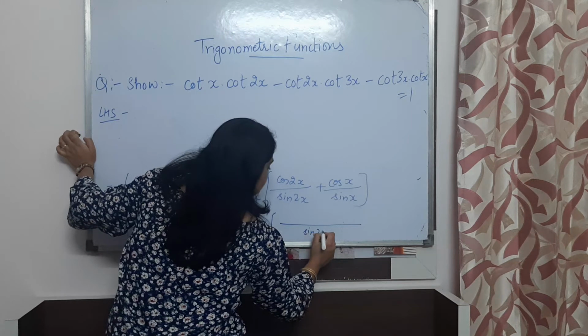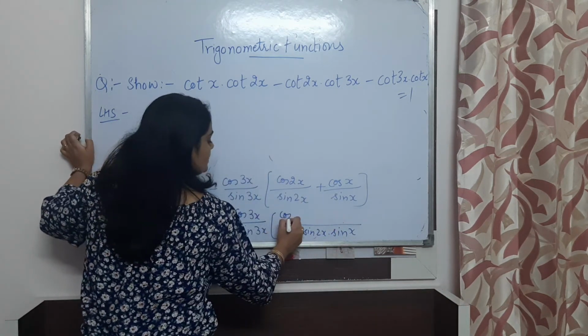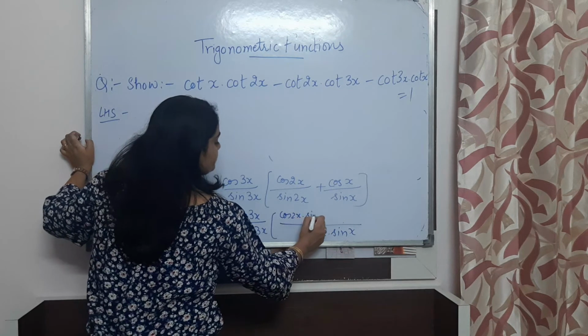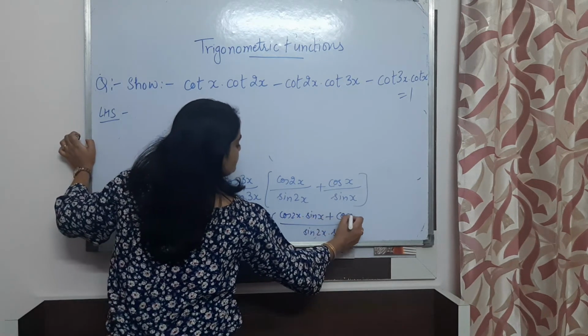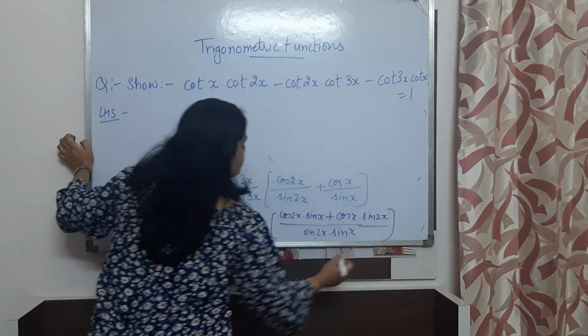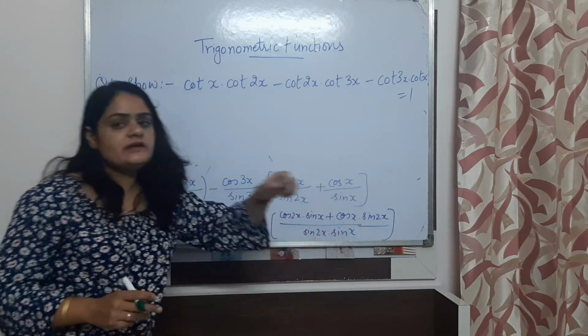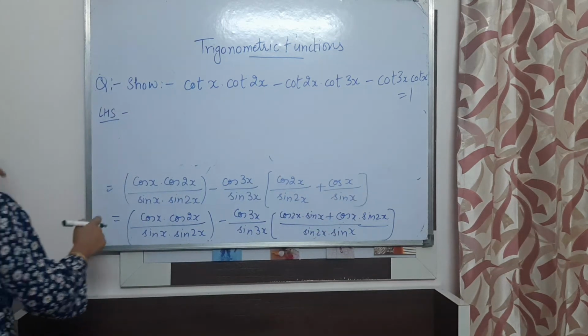In the denominator we'll have sin 2x into sin x. Now cos 2x will multiply with sin x and cos x will multiply with sin 2x. Now here what you are watching, sin a cos b plus cos a sin b. Sin a plus b's formula is applicable.